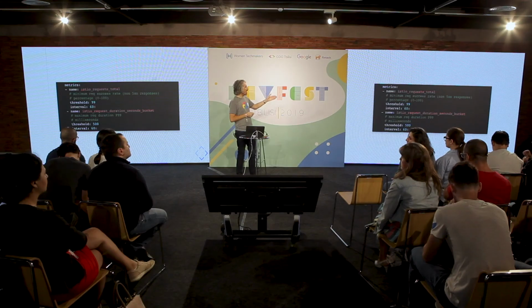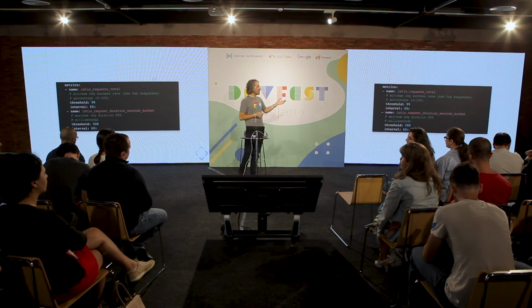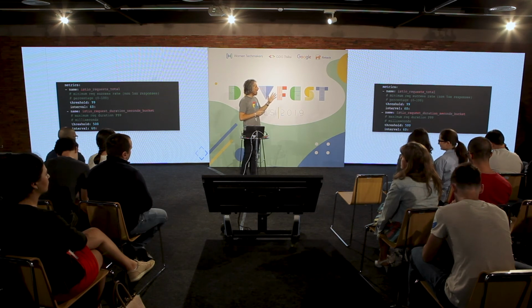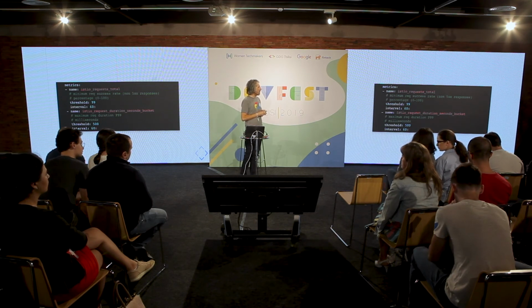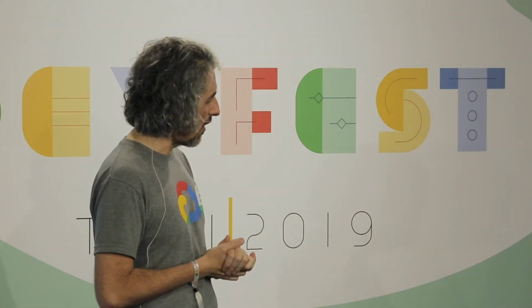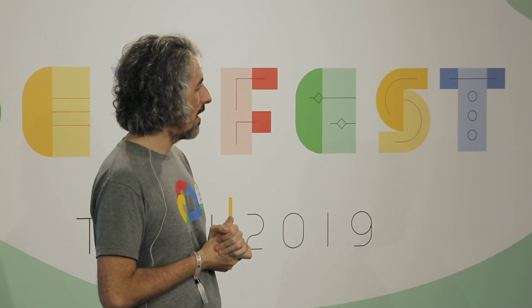So I want to say that 99% of the requests are successful, so not 500 errors. And I want my request duration to be under the 500 millisecond mark. So if any of these things fail, my deployment is rolled back.